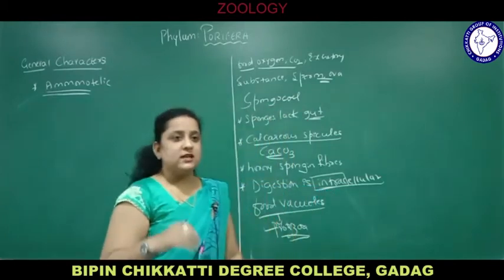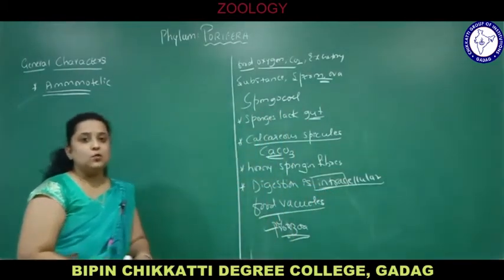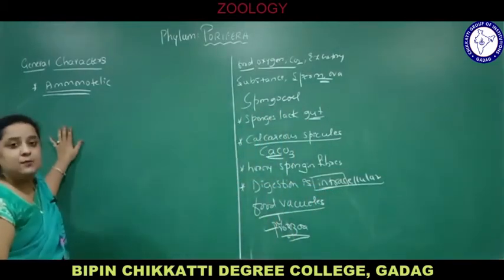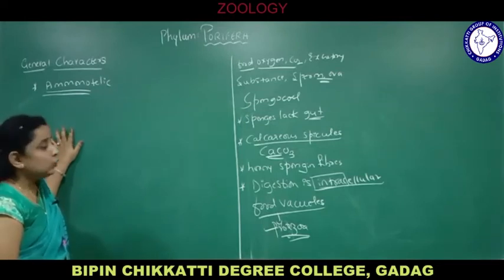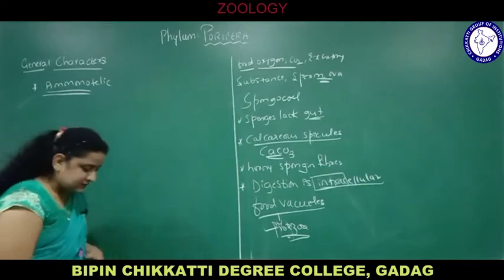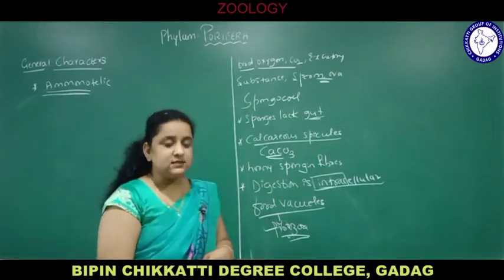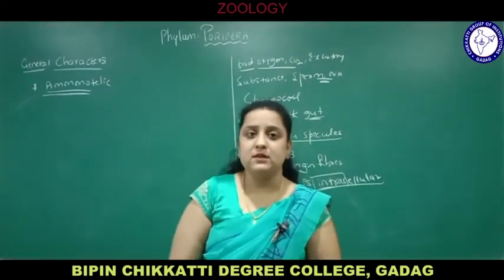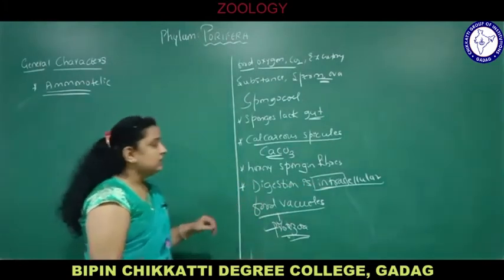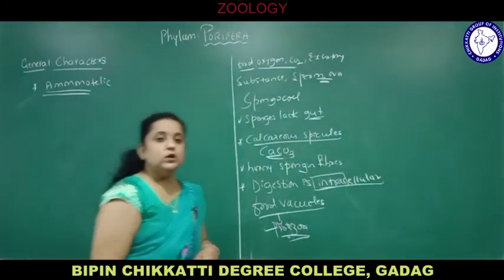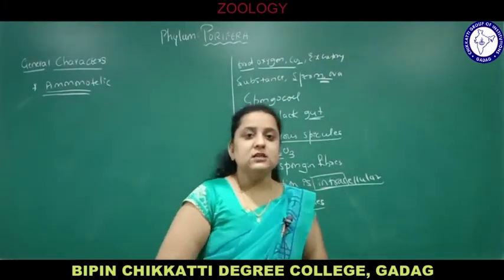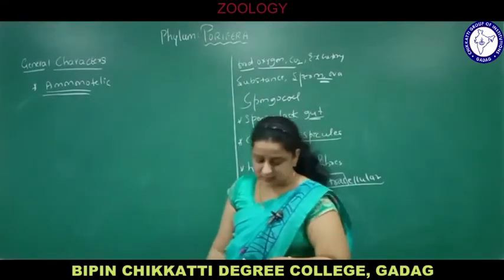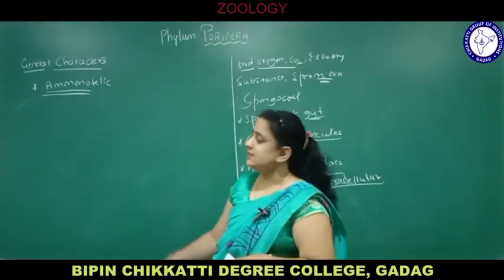The animals whose nitrogenous waste mainly contains ammonia are called ammonotelic, for example fishes. Ureotelic means the animals whose waste mainly contains urea, for example mammals or human beings. Number three, uricotelic, means the waste mainly contains uric acid, for example birds, reptiles, lizards, etc.